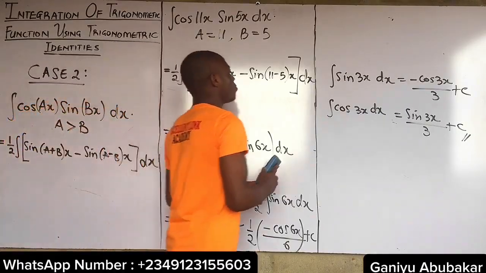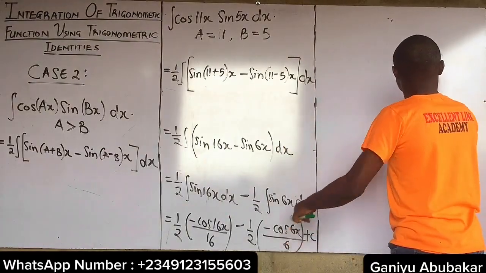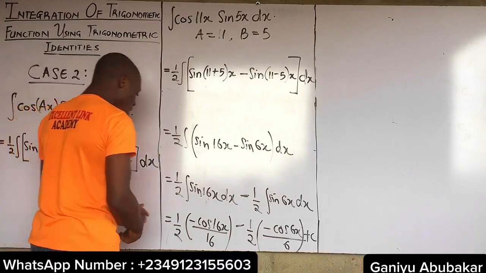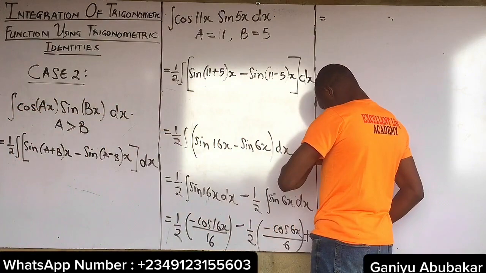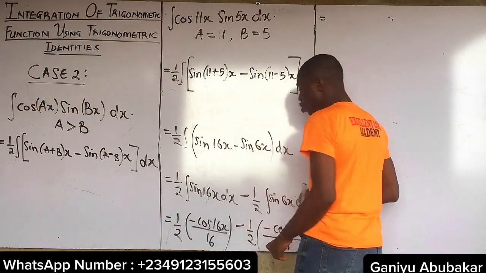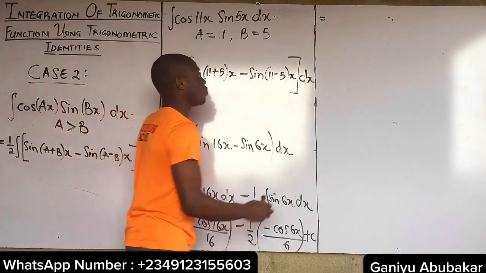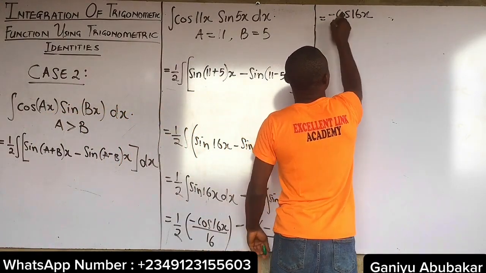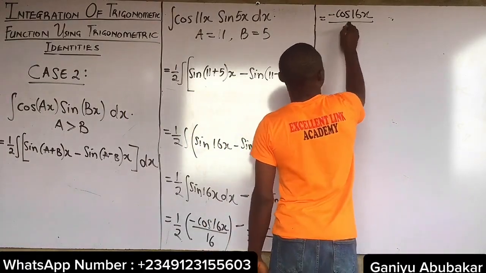From here, my final answer becomes something of this nature. That is equal in value to half. So all right, 1 times minus cos 16x will give minus cos 16x, all over 2 times 16, which gives 32.